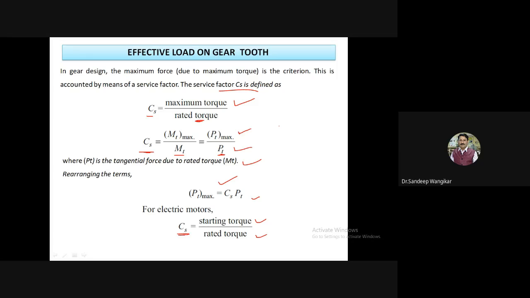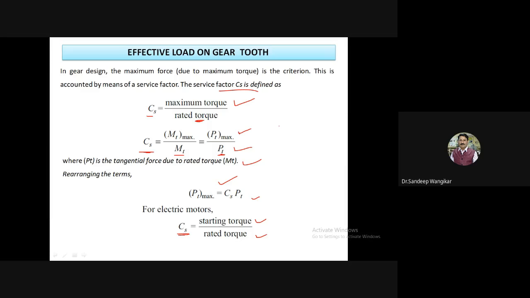How to take this into account? While solving numericals or in any design, there are two cases. Directly it is given that service factor is equal to 1.25. No problem at all in such a case. But if it is given that the starting torque is 150% of the rated torque, it clearly indicates that your CS is equal to 1.5.